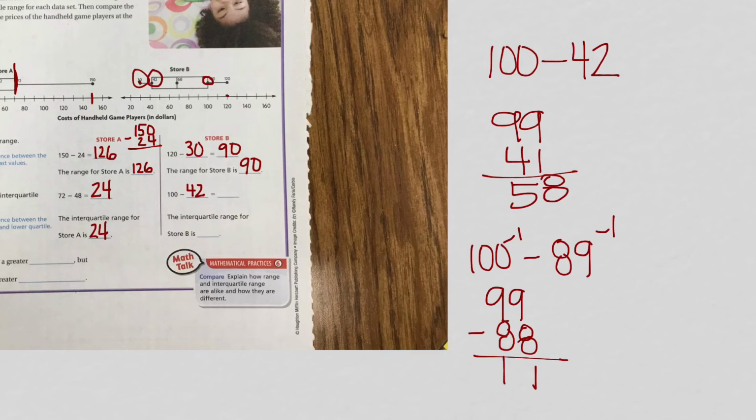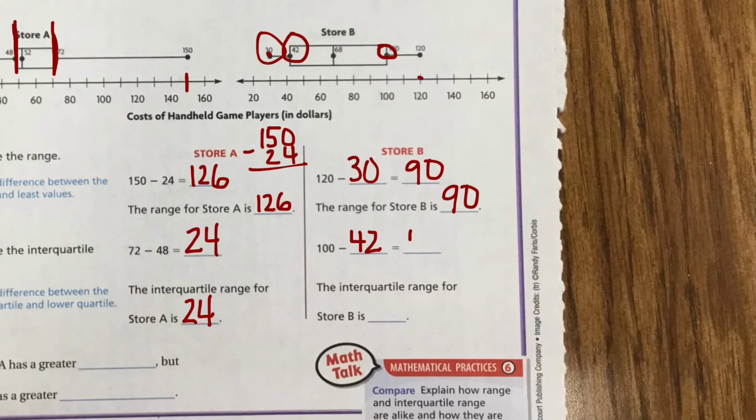Whoa! 58. So, yeah, you can use that trick if you're subtracting. It makes it so much easier than having to borrow from zeros. The interquartile range for store B is 58.